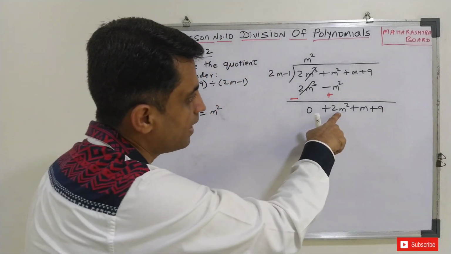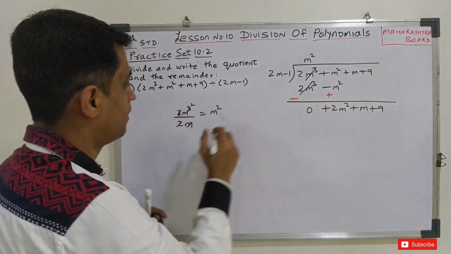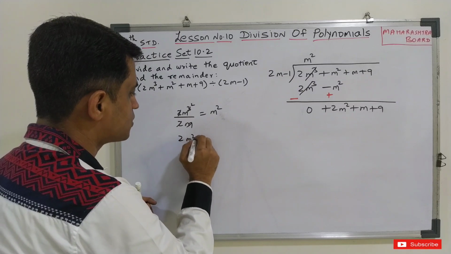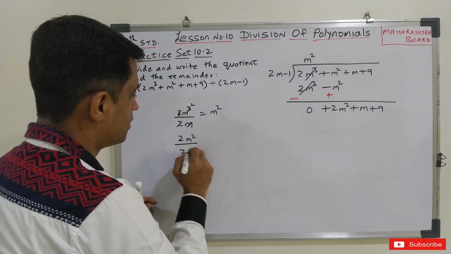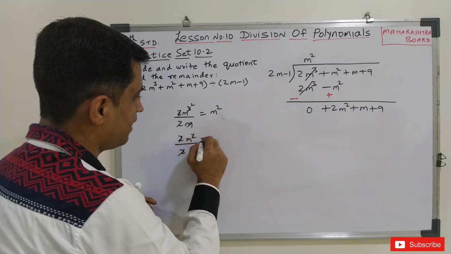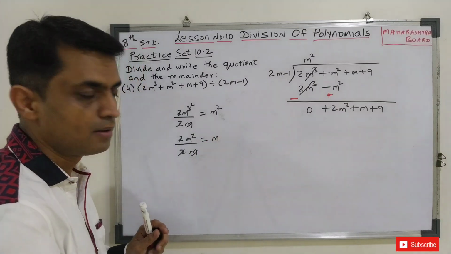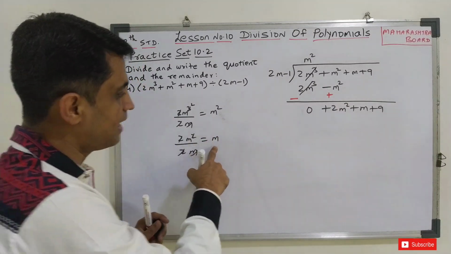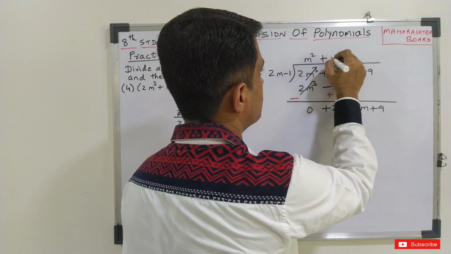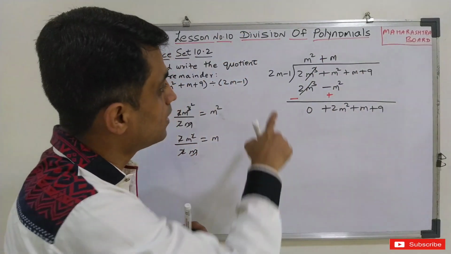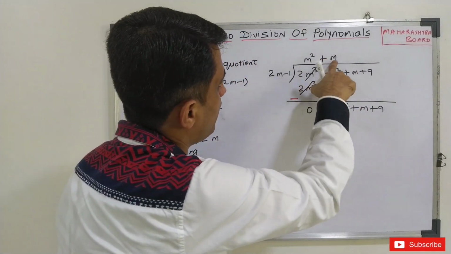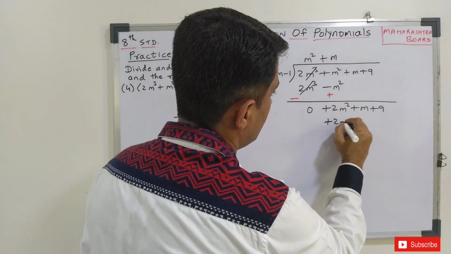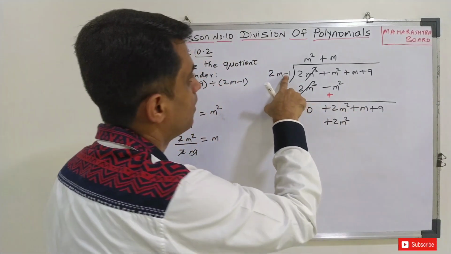Now again you will divide this 2m square by 2m. So 2 get cancelled, only m will be left. So here we will write plus m. Now students, you multiply 2m into m is 2m square. Here always the same term will come.